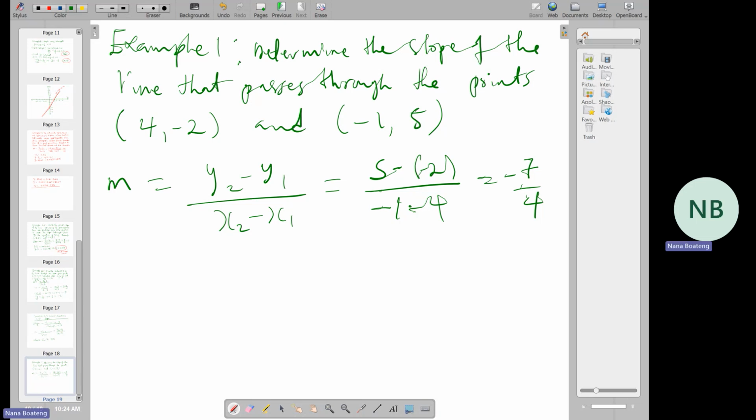All right, so we're going to begin with the point slope form way to represent the equation of a straight line, and afterwards we'll look at the slope intercept form.